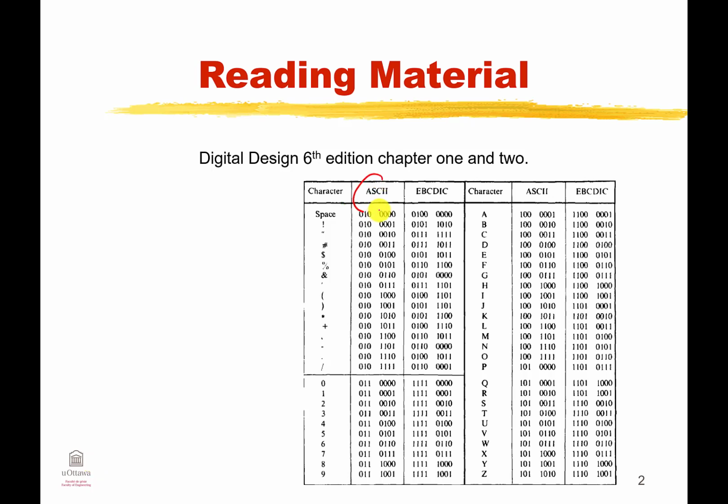The first approach is called ASCII, which stands for the American Standard Code for Information Interchange, and it uses 7 bits to represent any letter or number, whereas the Extended Binary Coded Decimal Interchange Code, pronounced EBCDIC, uses 8 bits to encode any letter.